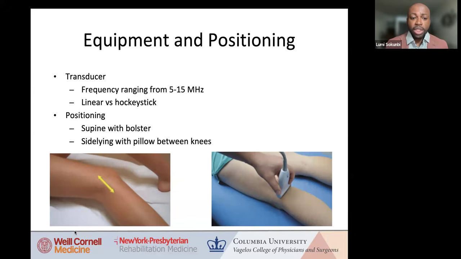And in terms of positioning, for the posterior knee, you'll have the patient in prone position. And for the lateral knee, you can have 2 options of having the patient supine with a bolster under the knee or side lying with a pillow between the knees, and really thinking about both your ergonomics as well as the patient's comfort.